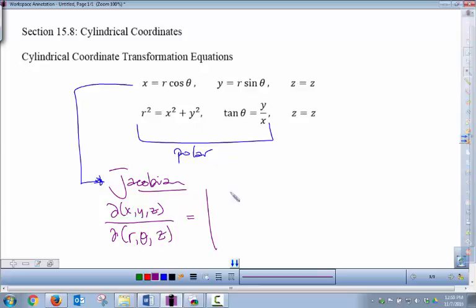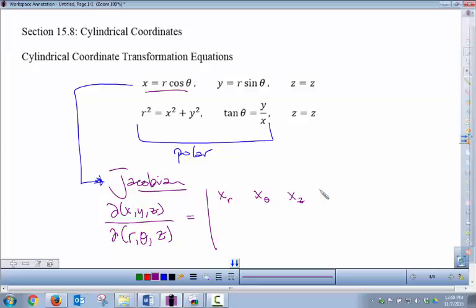It's function x. And I'll use, instead of the partials, a subscript notation. So we're looking at the function x with respect to the first variable r, and then the same function x with respect to the second variable theta, and then the same function x with respect to the last variable z.